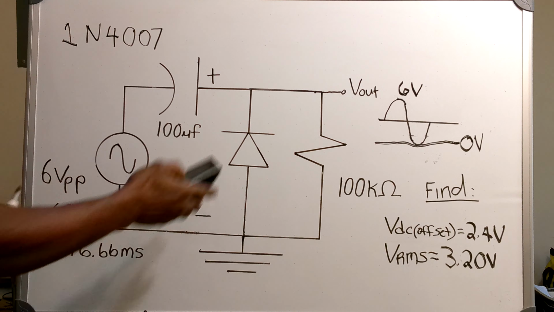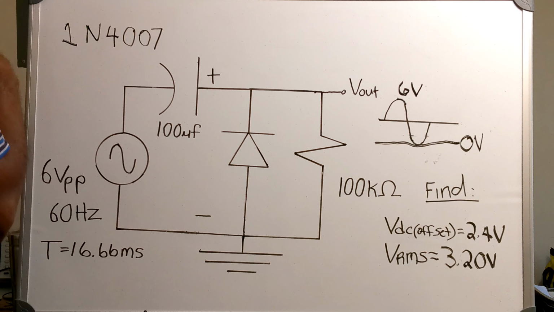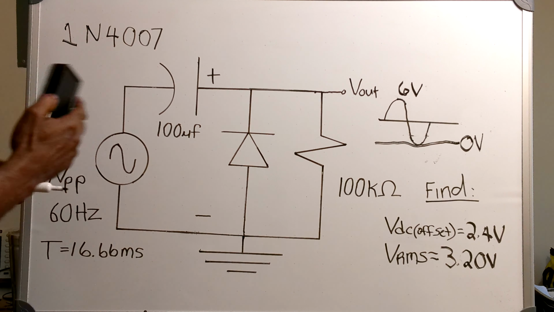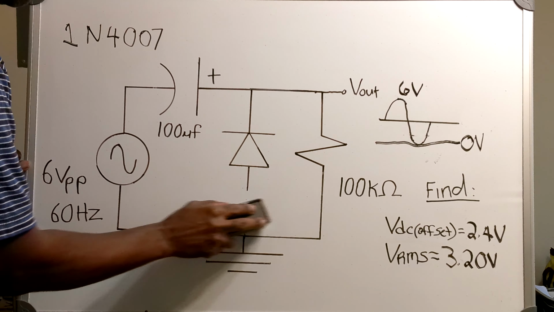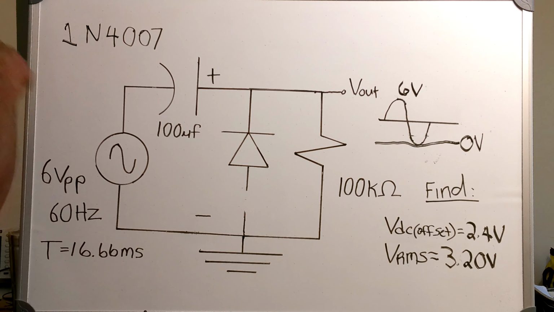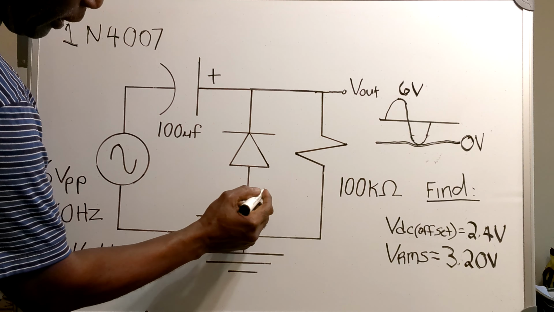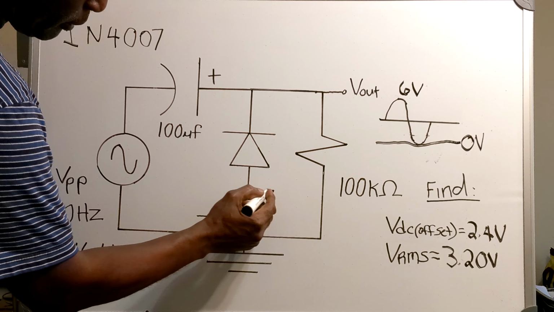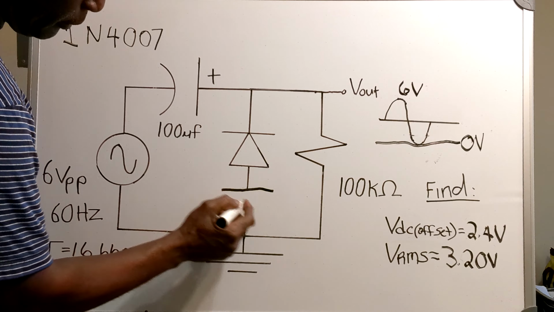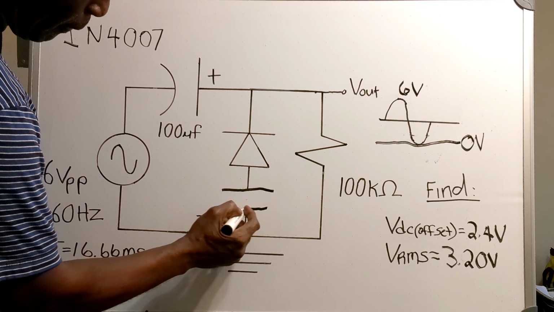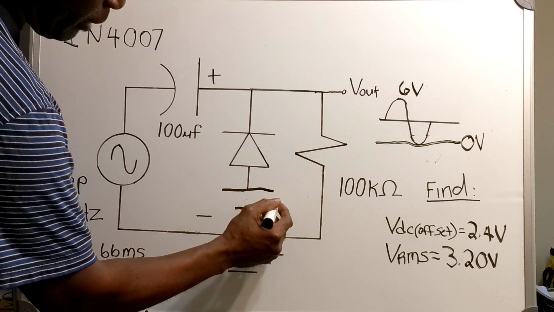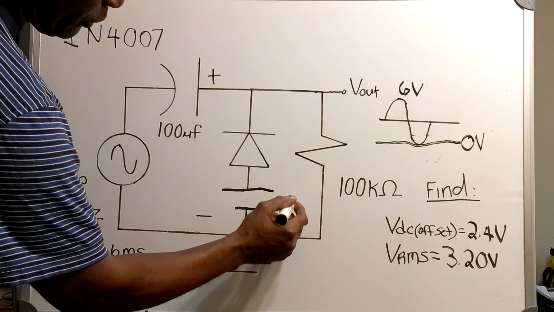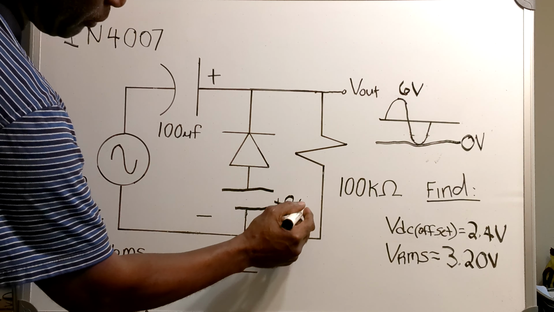Okay? But how do I do this in the circuit? Well, what I do is I'll place a DC source here of a plus 0.6 volts.